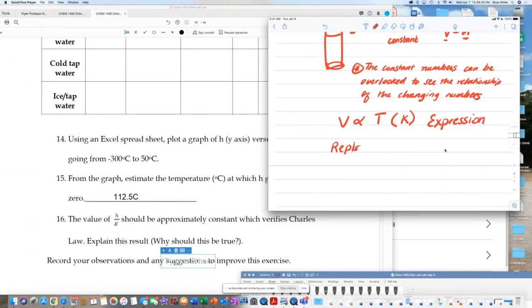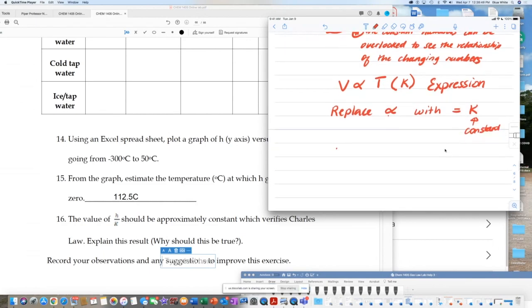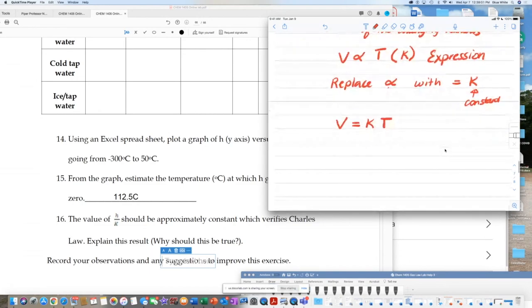Replace the proportionality sign with equals K, where K stands for a constant. Uh-oh, there we go again with another constant. So all I'm doing here is volume equals constant times temperature. So I replace this part here with that part. You see that?